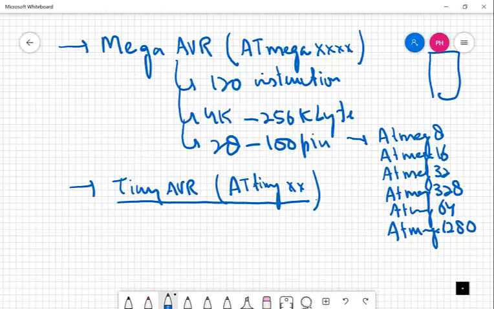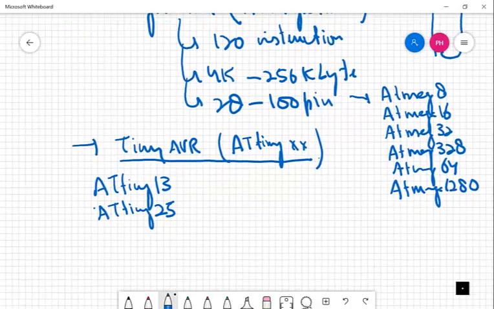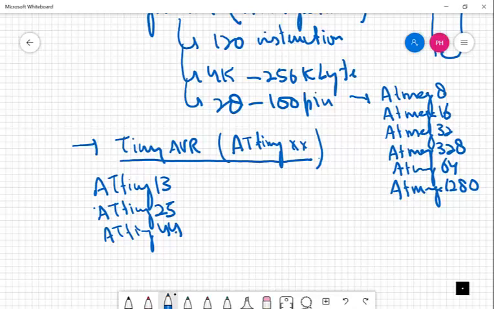They have only 1 to 8 kilobytes of program memory and 8 to 28 pins in their package. Some examples are ATtiny13, ATtiny25, ATtiny44.